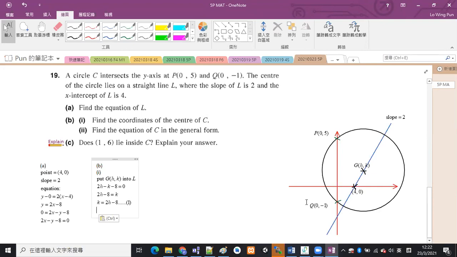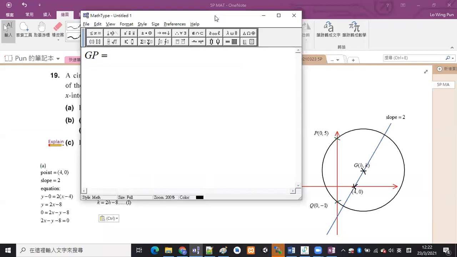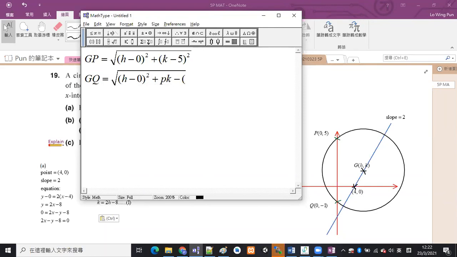GP can be calculated by using the distance formula: square root of h minus 0 squared plus k minus 5 squared. And GQ can also be found by the distance formula: h minus 0 squared plus k minus negative 1 squared.